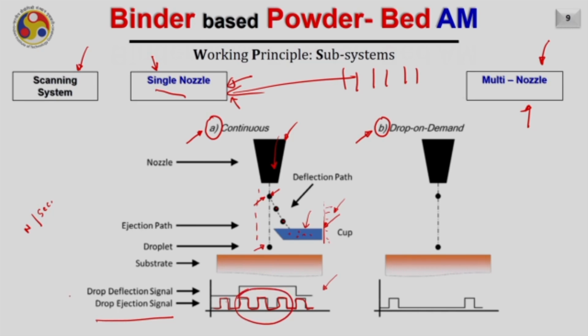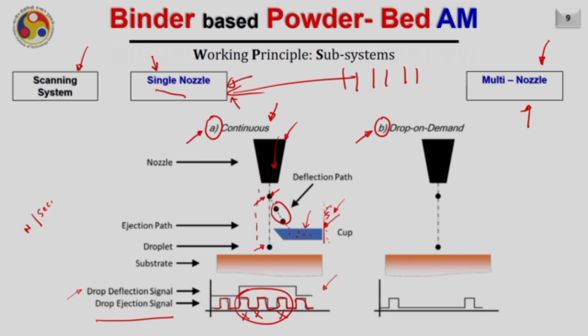In that case, a signal will be given to the drop deflection system. When it receives the appropriate signal, it will attract those corresponding drops and will not allow them to go towards the powder bed. So this is a typical continuous drop system.